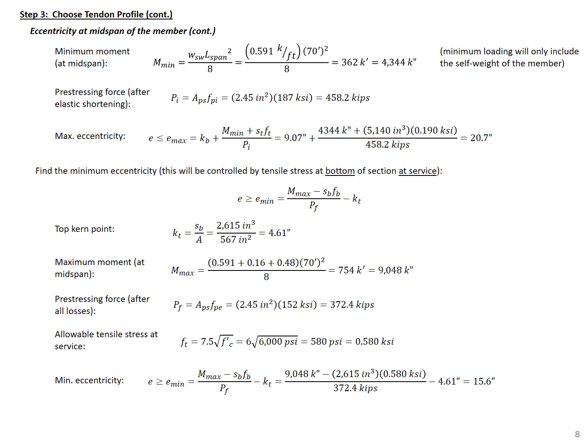And here we figure out our minimum moment at midspan, our prestressing force after elastic shortening, and we can plug those values in to figure out our maximum allowable eccentricity at midspan. So our maximum allowable eccentricity here is 20.7 inches. So we can do the same thing at midspan with our minimum eccentricity, and you can see the values here, and we'll find a minimum eccentricity of 15.6 inches.